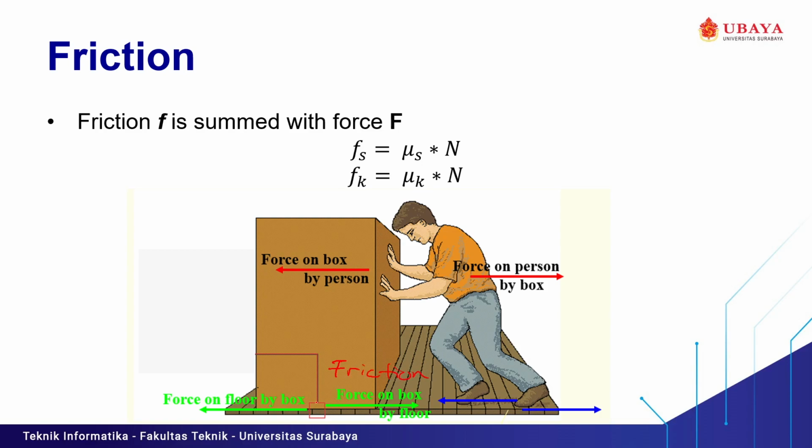We must have two surfaces here: the surface of the floor itself and the surface of the box. The reaction force is called the friction. And actually, we have a third system here, with regard to the person himself.